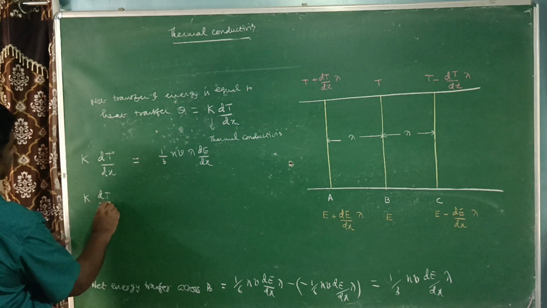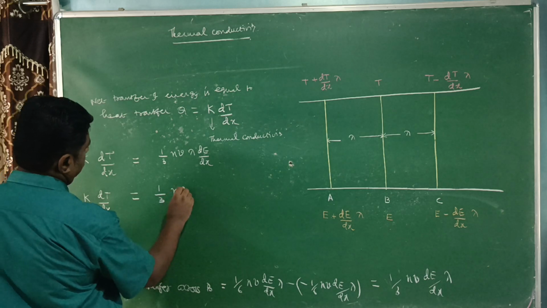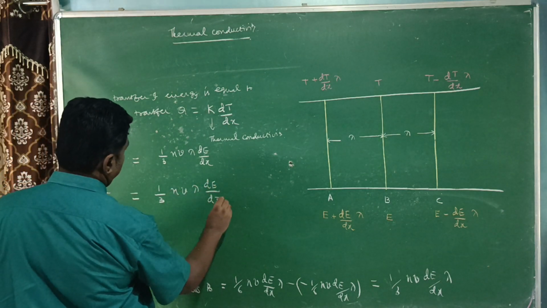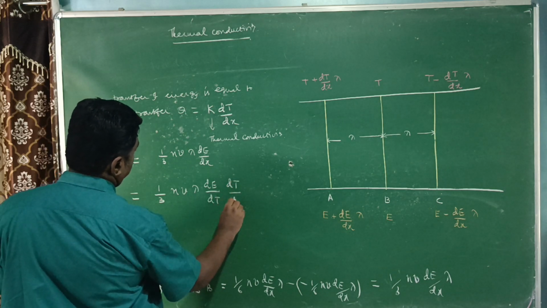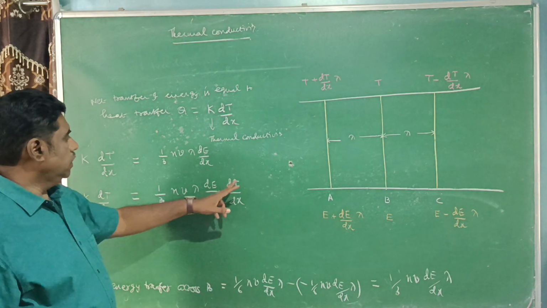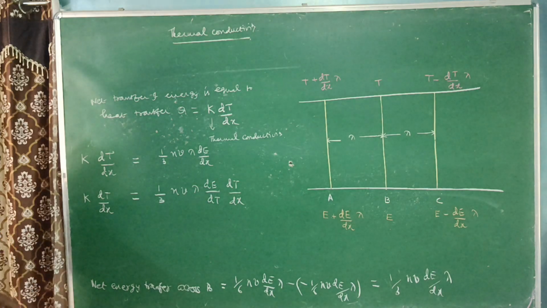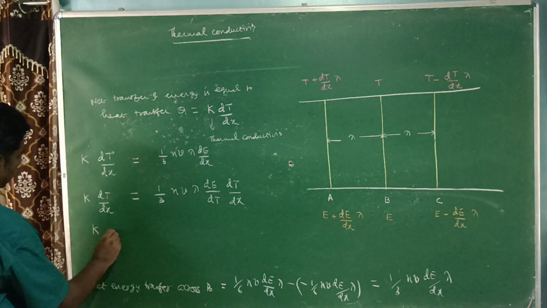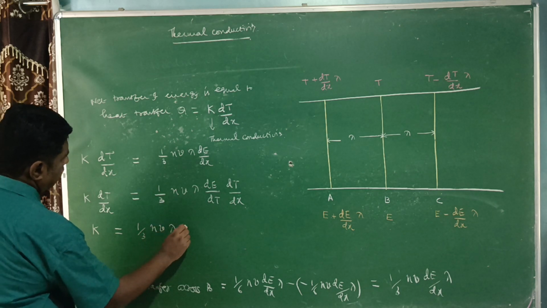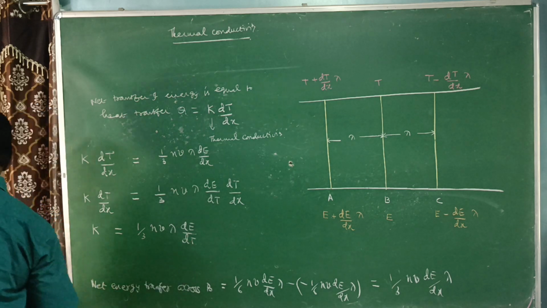This dE by dx is modified as dE by dT into dT by dx. Now we can cancel dT by dx. Then K equals 1/3 nv lambda into dE by dT.